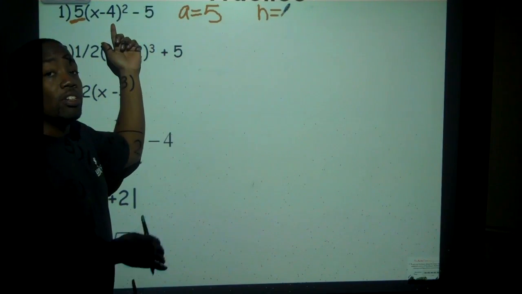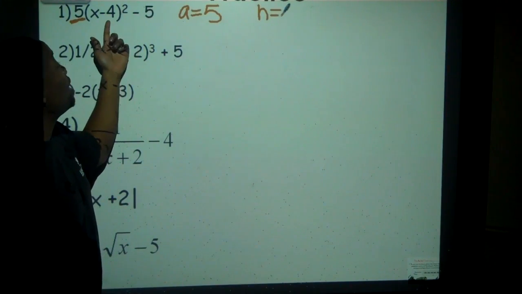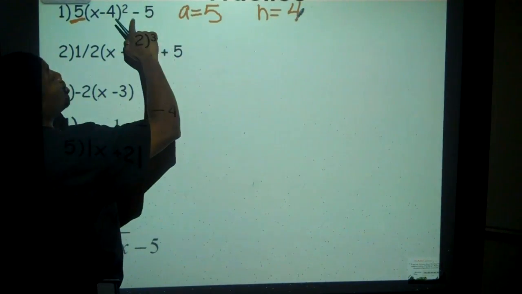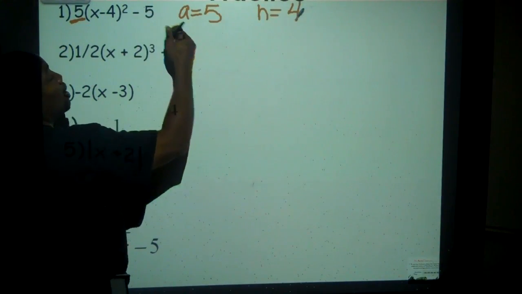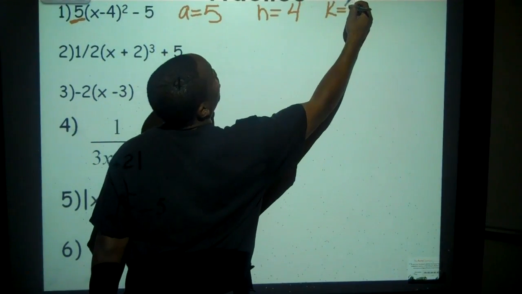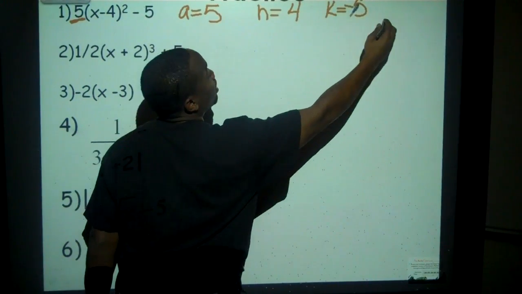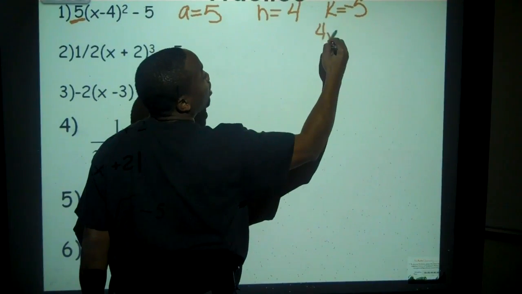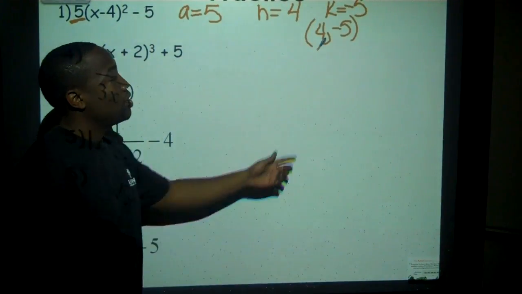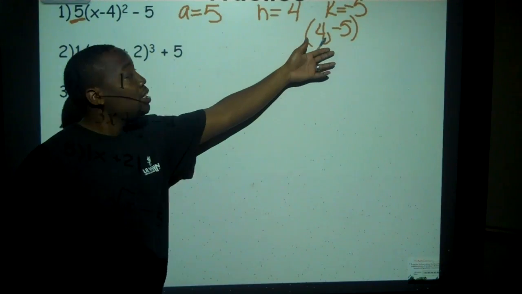The 4 has to switch signs, so negative 4 turns into a positive 4. And then this right here is going to be my k, and the k is going to stay the same. When we bring it all together, our vertex is going to equal 4, negative 5. Alright? So 4, negative 5 is our vertex.